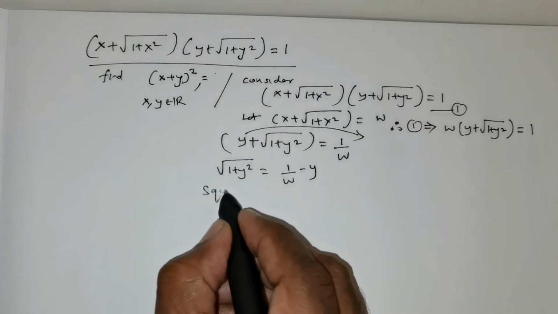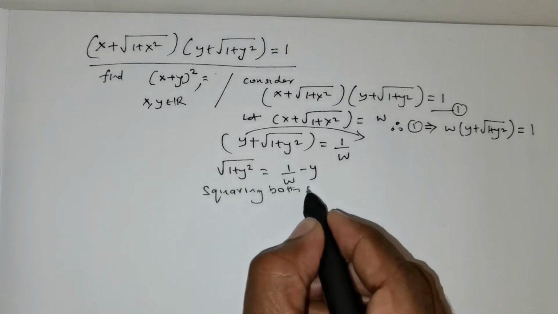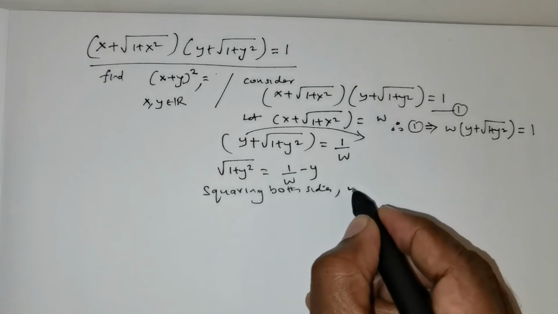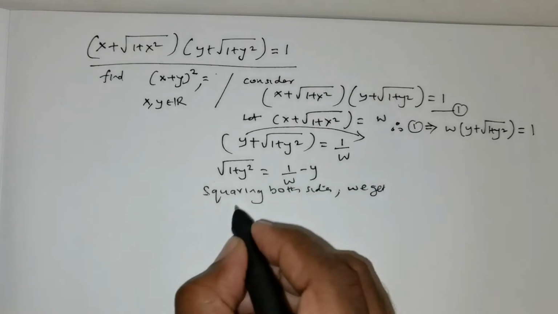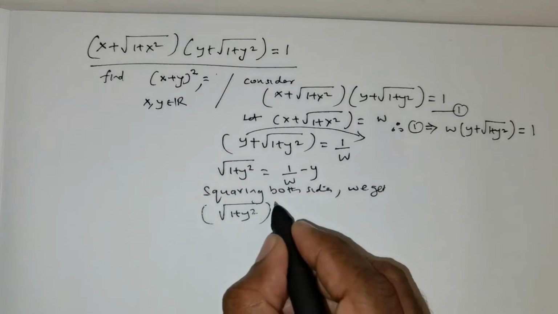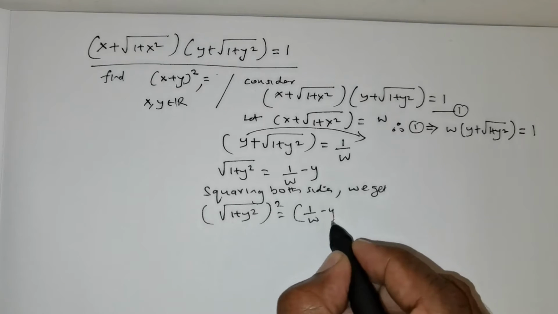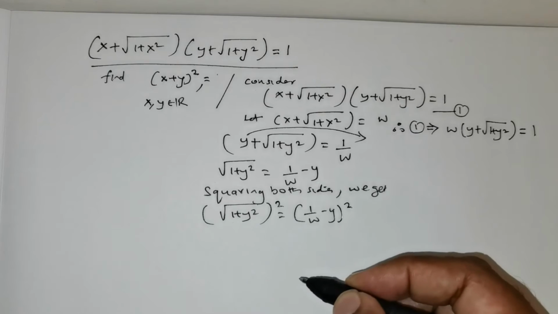Now I would square both sides. So when I do that, we get √(1 + y²) being squared, and on the right it will be (1/w − y) raised to the power 2.